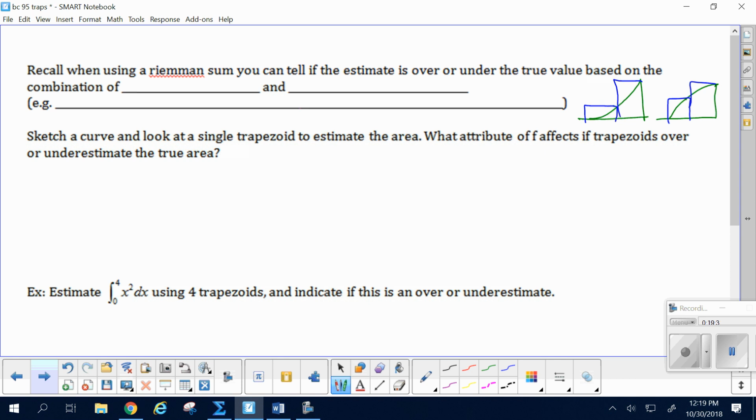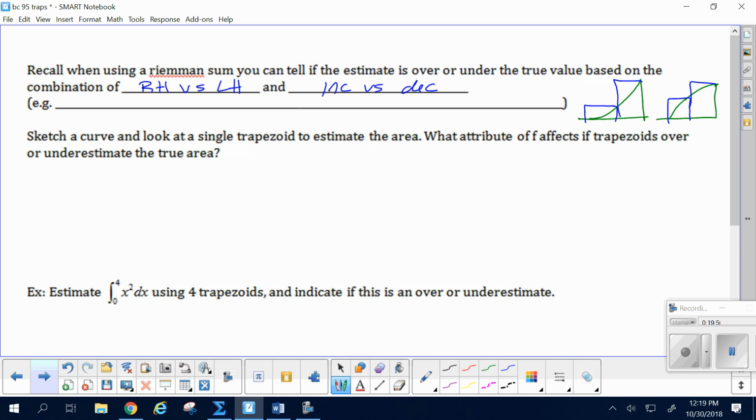But if it's increasing and you use left, the left side will be less than the right side, and you'll get an underestimate. So for rectangles, it's all about right hand versus left hand, and increasing versus decreasing. The concavity is not an issue for rectangles.